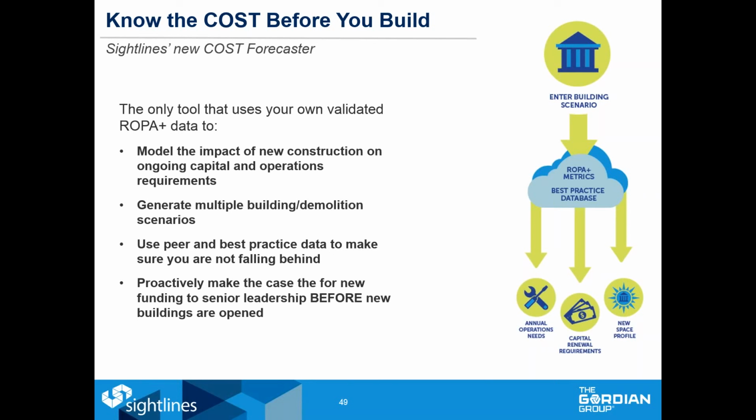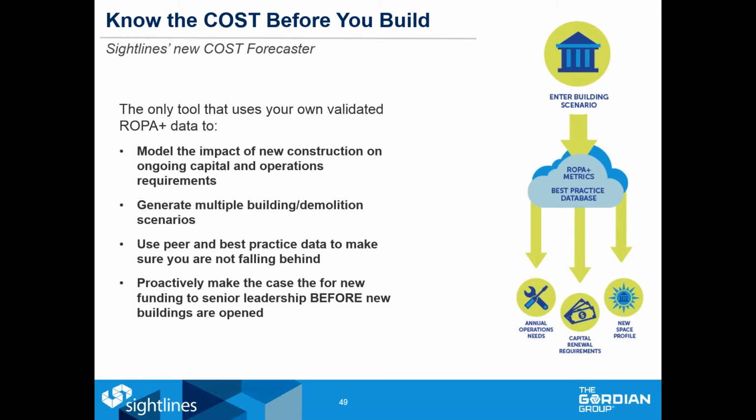You can do the same thing for demolishing or removing spaces, and you can create and save numerous different scenarios based upon your actual data that we collect at your institution. This was actually just launched in January, and we're really excited about it.